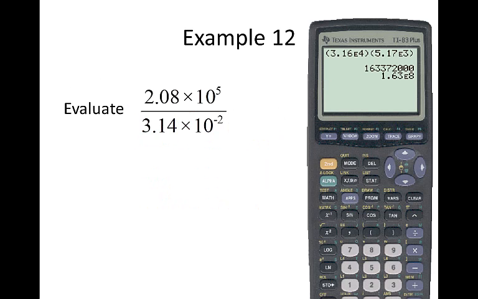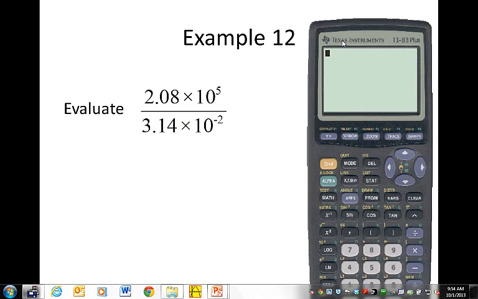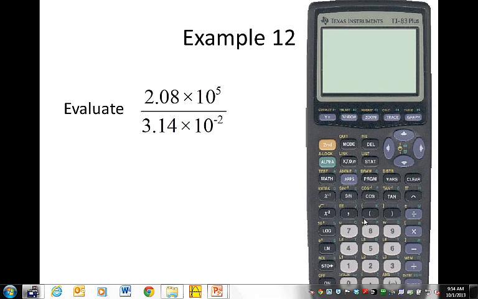Example 12. Try this one on your own. Okay, it's done exactly the same way. I'm just going to type it in. You definitely don't need the parentheses, but they're just sort of nice visual sometimes. Negative 2.08 times 10 to the second E, divided by 3.14 times 10 to the negative 2.